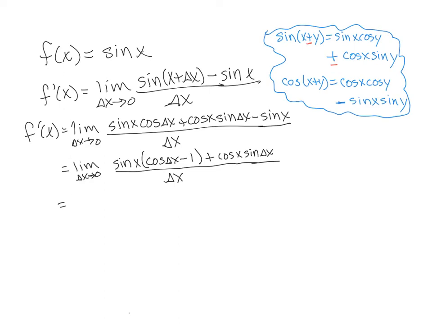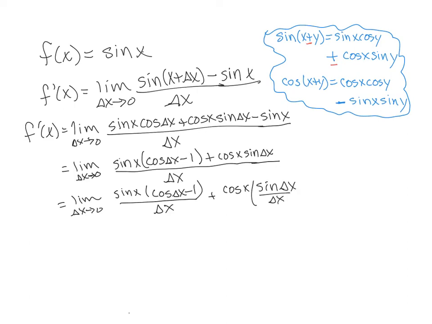Let's split this into two fractions. So I have sine of x times cosine of delta x minus 1 over delta x plus cosine of x, watch, sine of delta x over delta x.